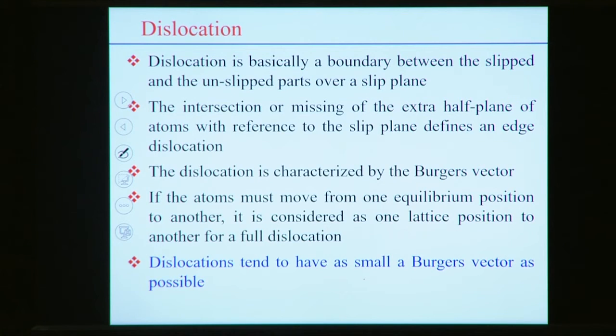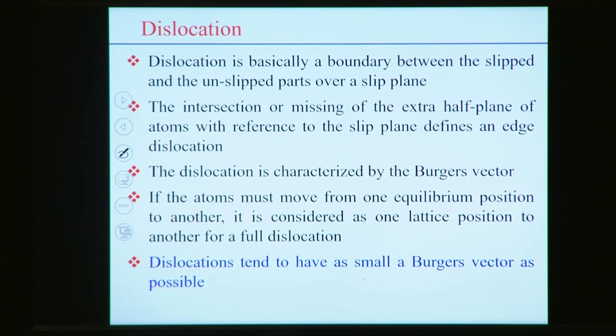If the atoms must move from one equilibrium position to another, from one lattice position to another, that is considered a full dislocation. So if there is one complete translation from one lattice point to another, that corresponds to a full dislocation. But partial dislocations are also possible, which we'll discuss later on.